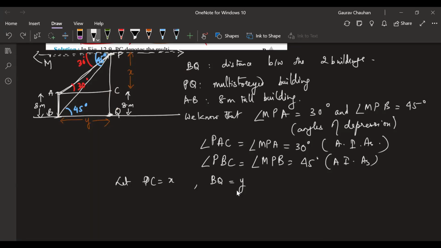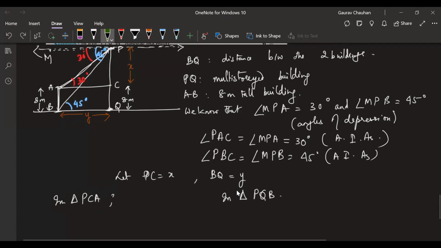Okay, let's look at the two triangles we have. We have triangle PCA, that's one triangle you have, and you have triangle PQB. So we're taking this triangle PCA and we're taking this triangle PQB. These are the two triangles we're going to talk about.